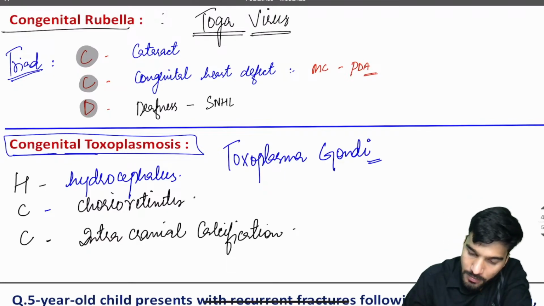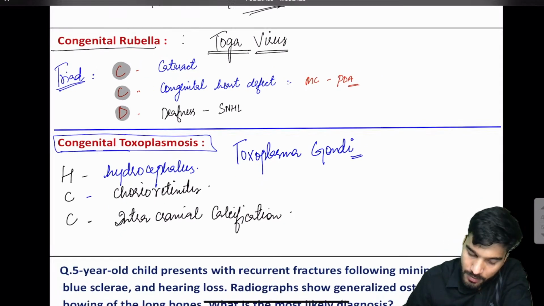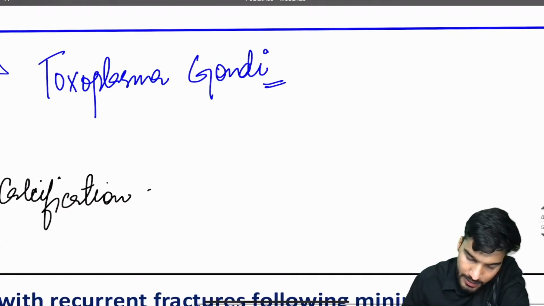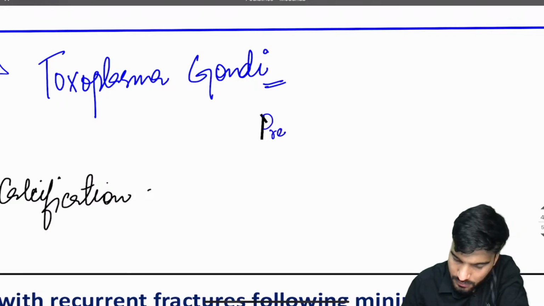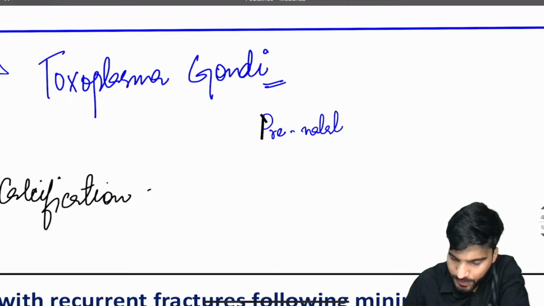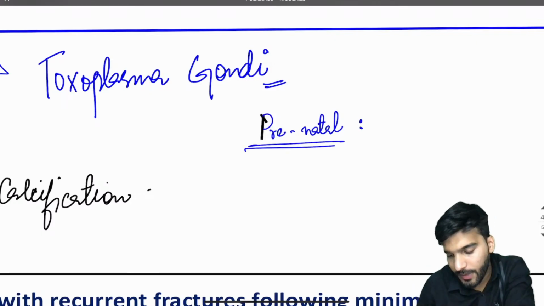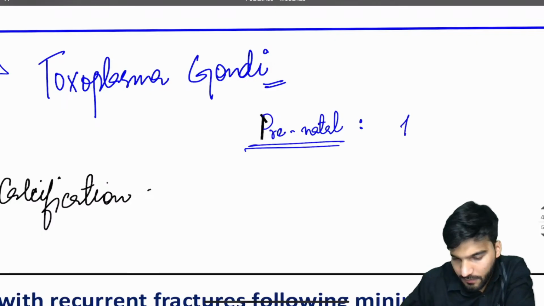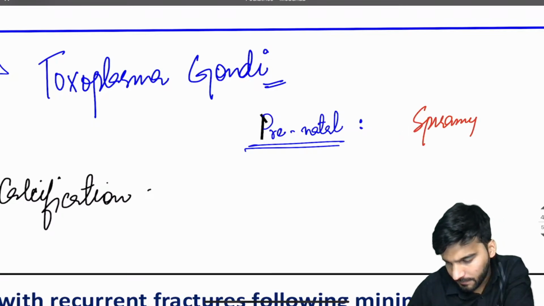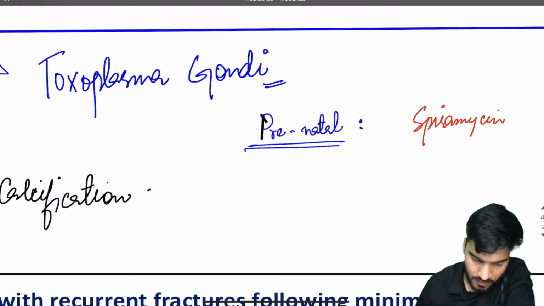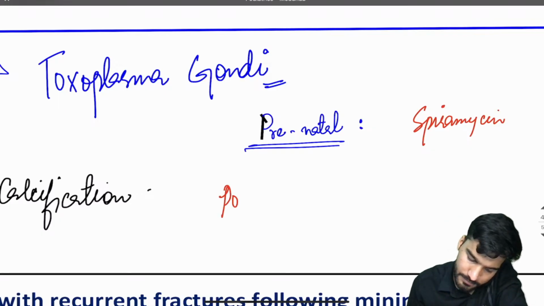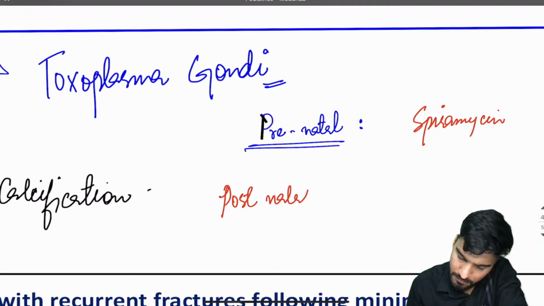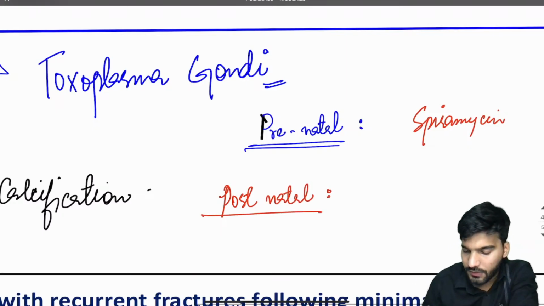Now if we talk about the medication: prenatal, or in pregnancy, we give the drug spiramycin. Postnatal, we use three drugs.